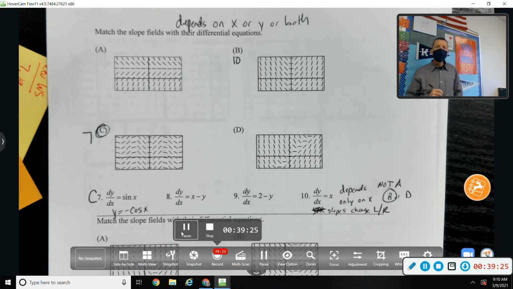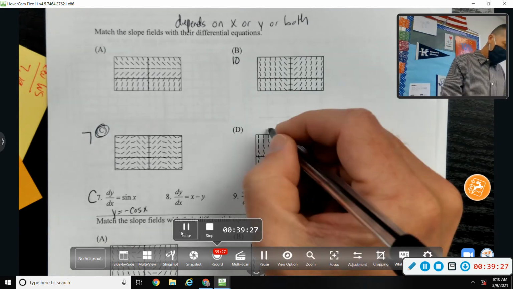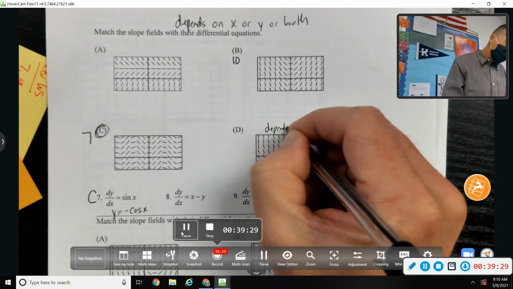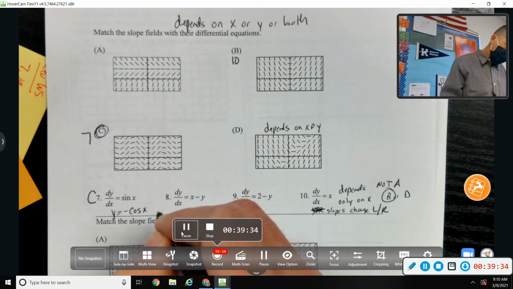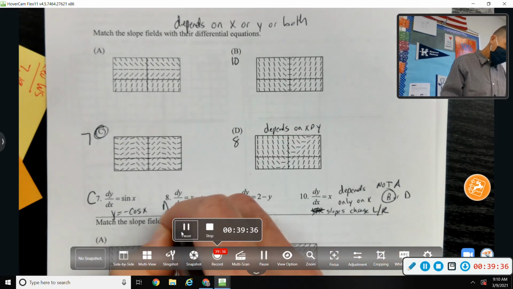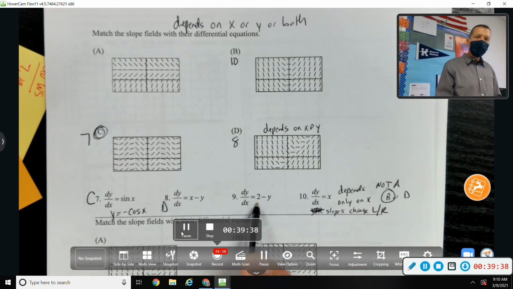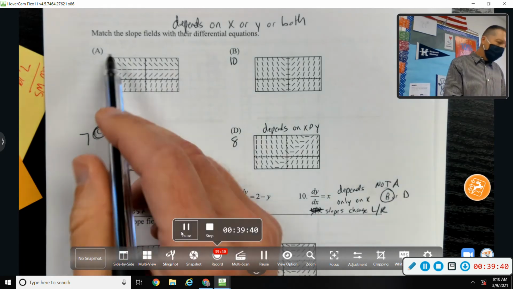Speaking of D changing in both directions, what does that mean in terms of 7, 8, 9, or 10? That's got to be number 8. Number 9 depends only on y. A depends only on y.